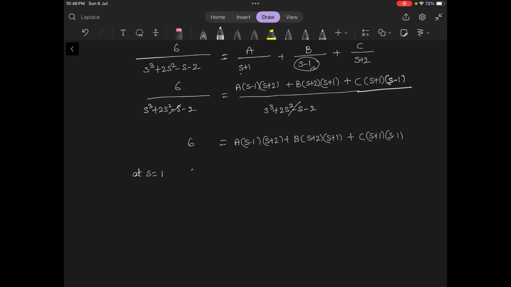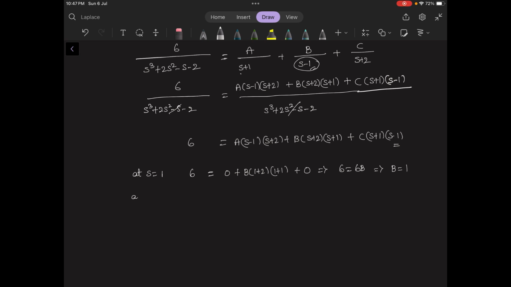So 6 is equal to, substituting s is equal to 1, the first term will become 0, plus b into 1 plus 2, 1 plus 1, and since we have s minus 1, 1 minus 1 will become 0. So 6 is equal to 2 into 3, that is 6b, which implies b is equal to 1.